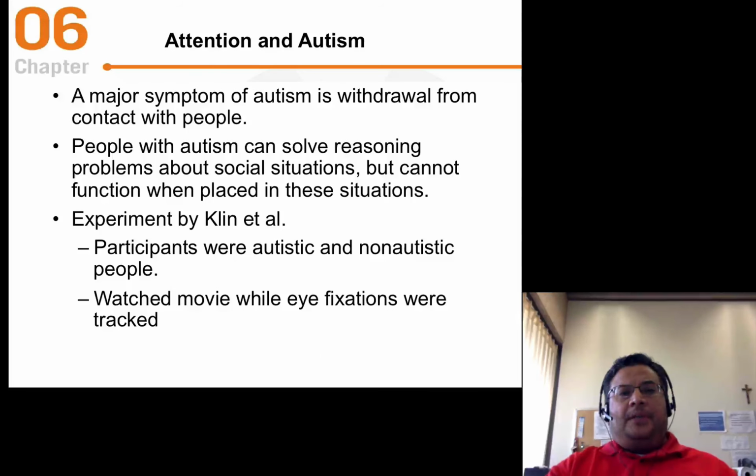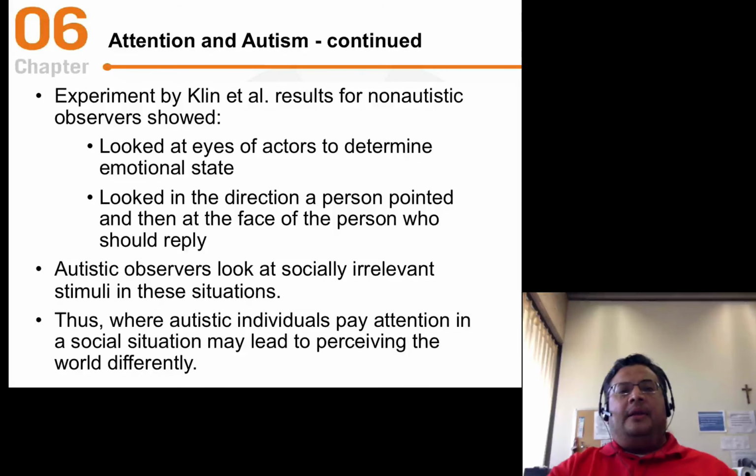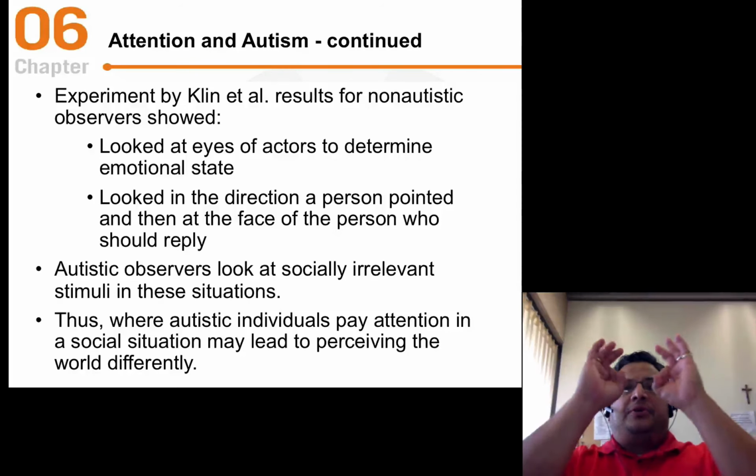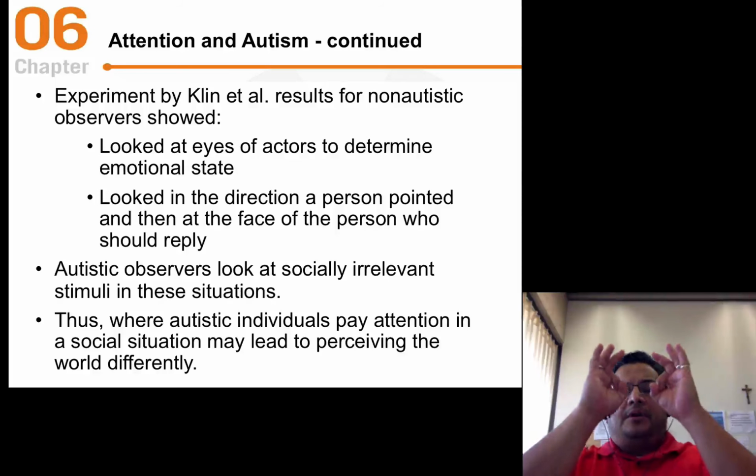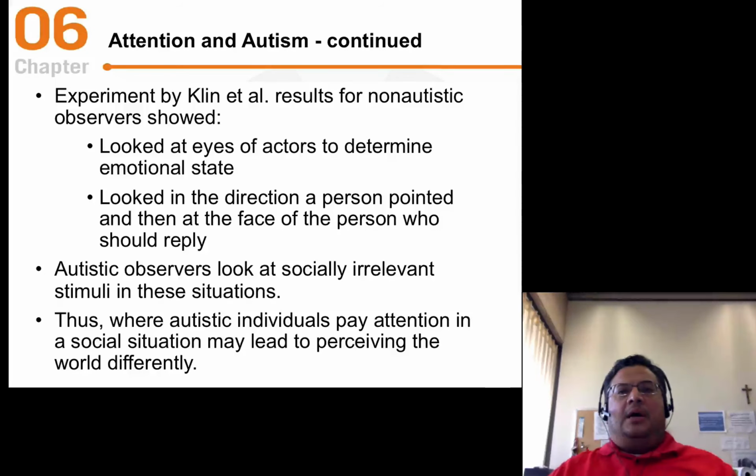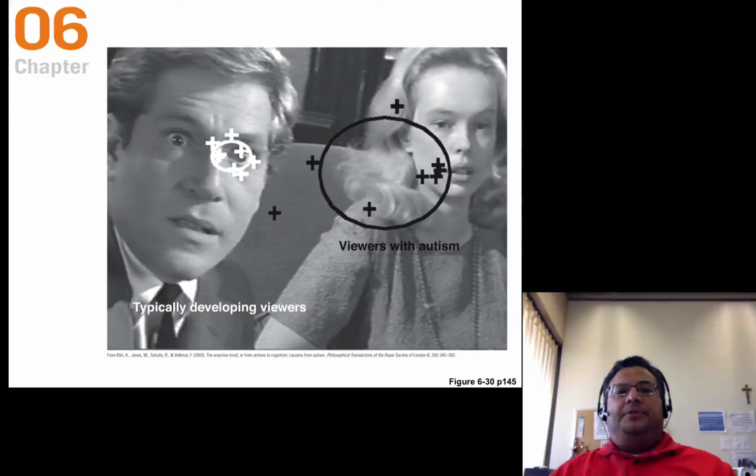So Klin and their group did an experiment where they used eye tracking software to determine where autistic people were looking. I think the stimulus they used were movies. They were watching what autistic people paid attention to in movies versus what non-autistic people paid attention to. And what they found was pretty interesting.